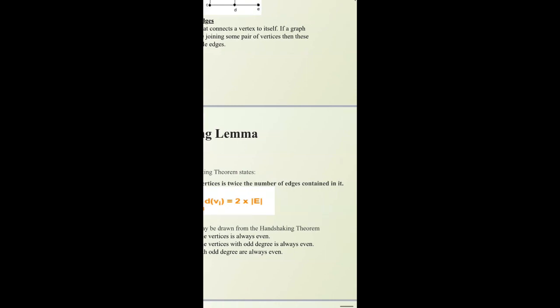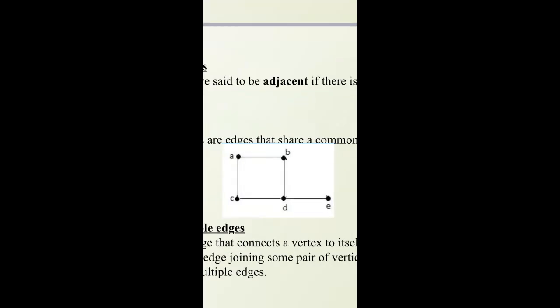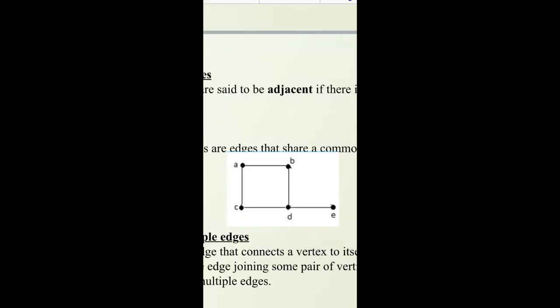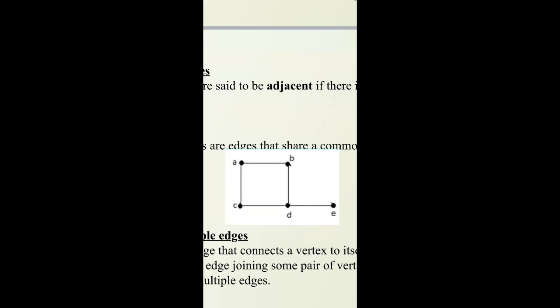In this one, A has degree 2, B has degree 2, C has degree 2, D has degree 3, and E has only degree 1.